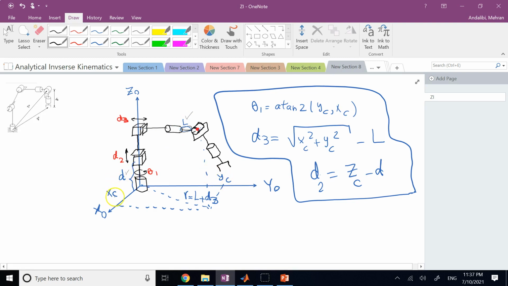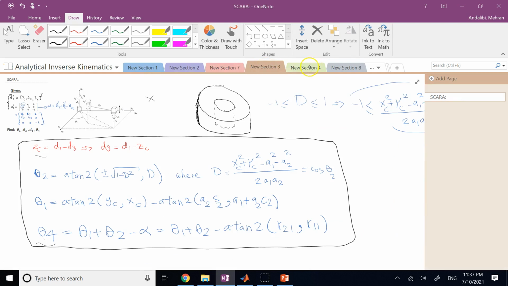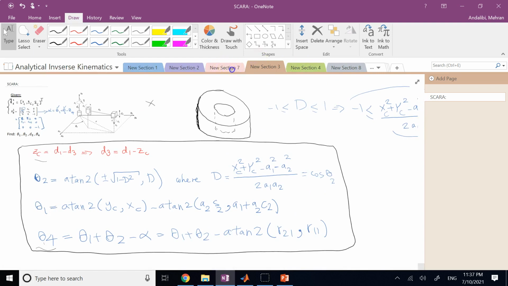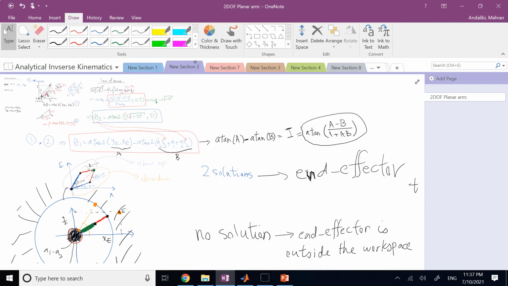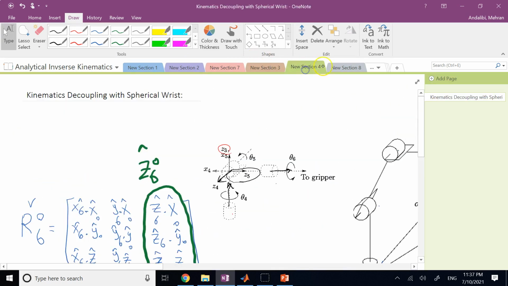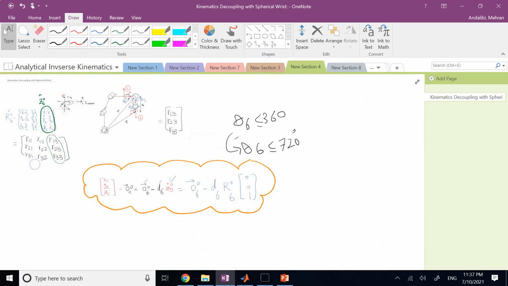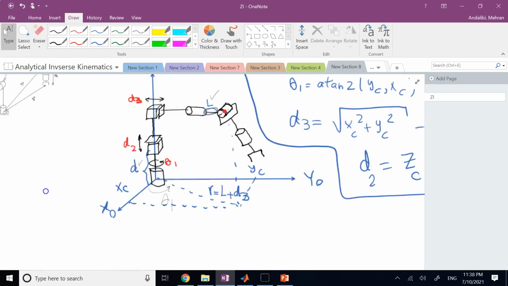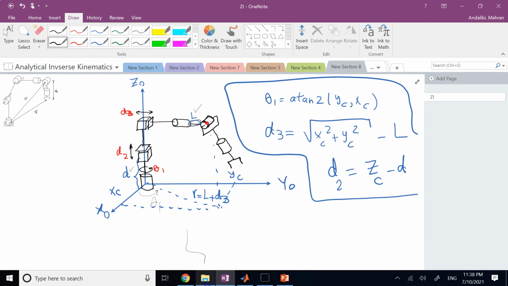And if xc, yc, zc are found based on the method we talked about, then clearly theta 1 here again is going to be arctangent 2 of yc and xc. d3, if you add it to L, is going to be equal to this hypotenuse, and the hypotenuse was the square root of xc squared plus yc squared.